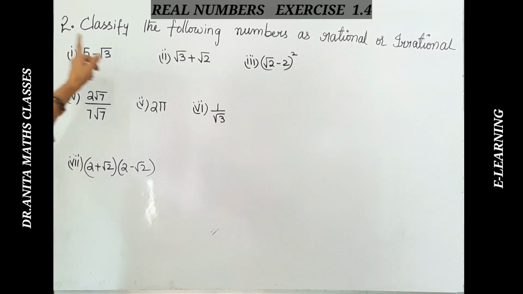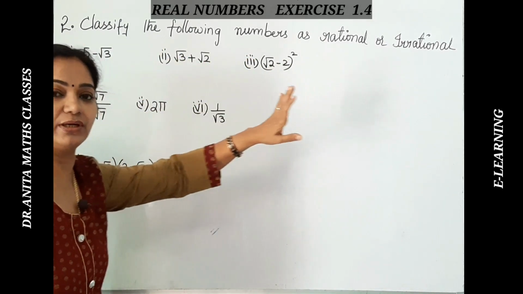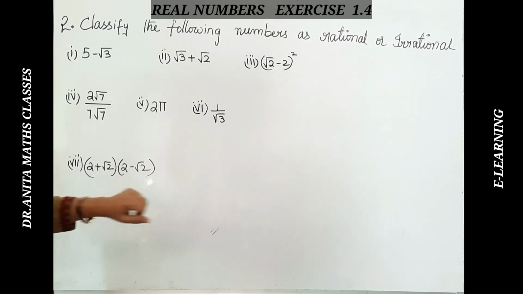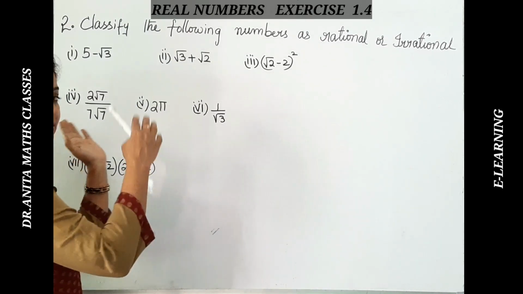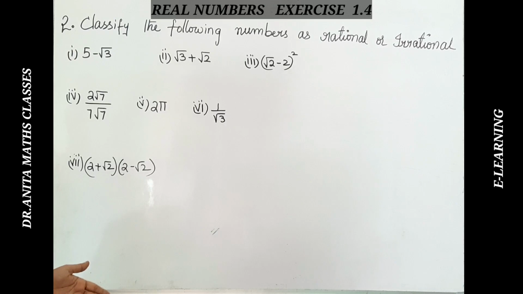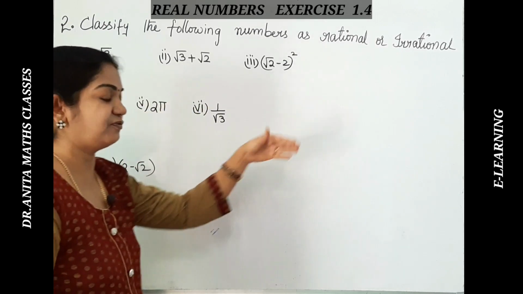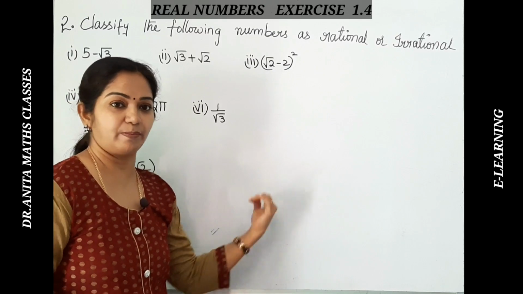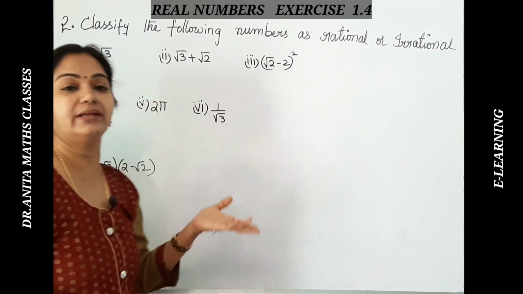Second problem. Classify the following numbers as rational or irrational. Altogether 7 sums are given here, and we have to say which are rational and which are irrational. Just see the first one, 5 minus root 3. As we discussed just before, an operation on an irrational number and a rational number will surely be an irrational number.